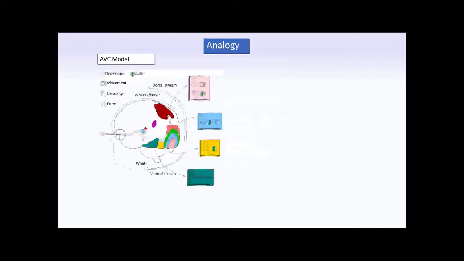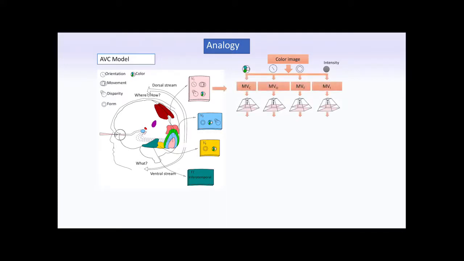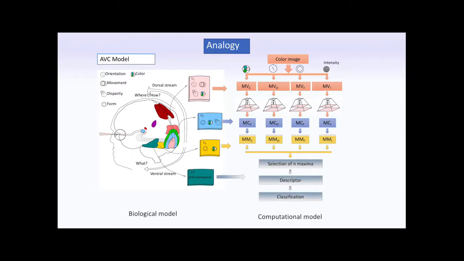So the idea, the analogy of the artificial visual cortex, is that the image goes into several dimensions. With this, we compute several visual maps, we compute some invariants, and then we obtain some conspicuity maps at different dimensions. From this, we compute some mental maps, and then we integrate these, selecting the n maxima to obtain a descriptor that will be used for the classification.